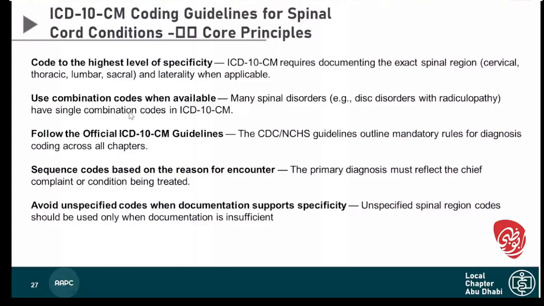So code to the highest level of specificity. That means ICD-10-CM requires documenting the exact spinal region. The coder must check which spinal region is affected: cervical, thoracic, lumbar, or sacral.